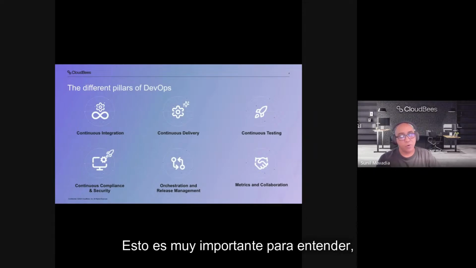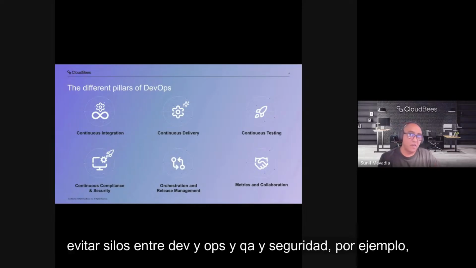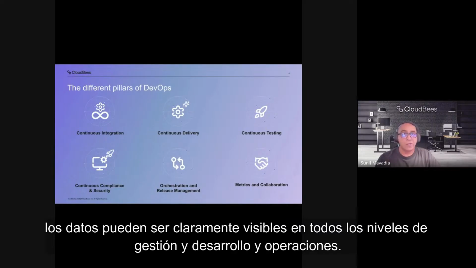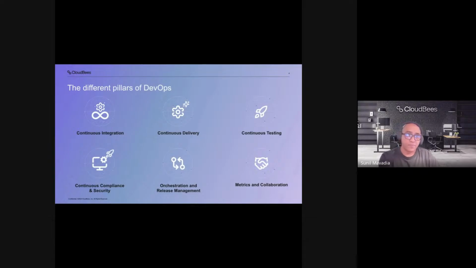This is so important to understand, avoiding silos, right? Between dev and ops and QA and security, for example. And the metrics that come out of all this activity creates what we call a software bill of materials. And that data should be clearly visible across all levels of management and development and operations.